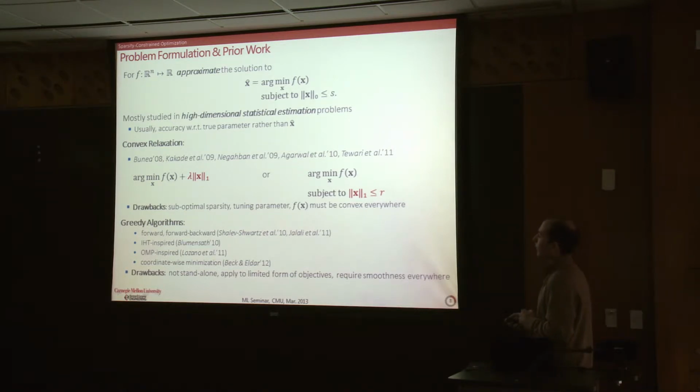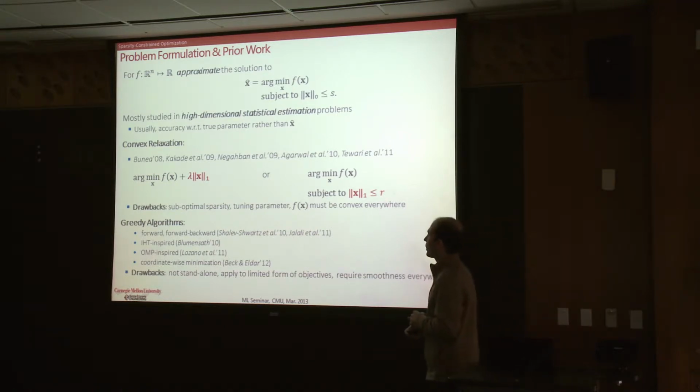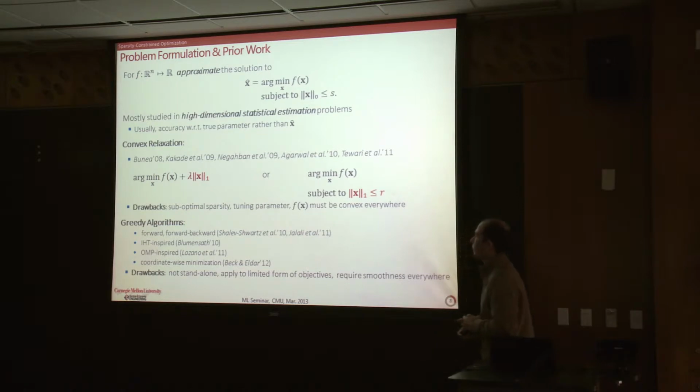The other drawback is that you have tuning parameters that are mostly difficult to tune, and basically you have to use some heuristics in general. And the other drawback is that you have to assume that the objective function is convex everywhere.